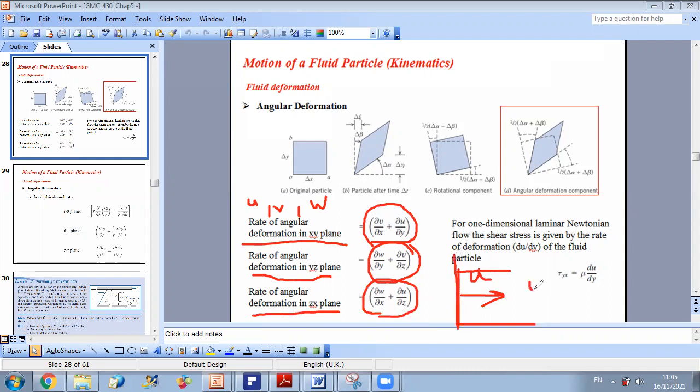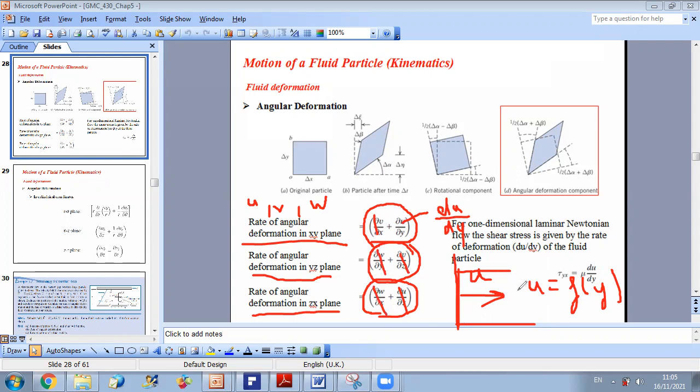So if u is only a function of y, this means that del u by del y is equal to the derivative of u with respect to y, and all other terms will cancel out because there is no v. So del v by del x is 0, no w also, and u is only a function of y, so del u by del z is 0.